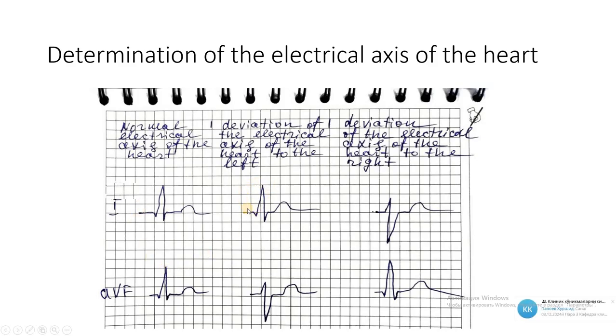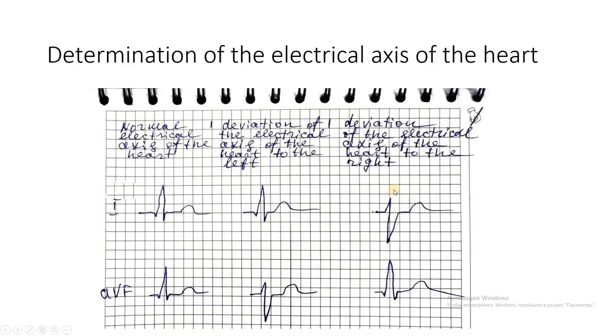If the first lead has a positive wave and AVF a negative basic wave, this is deviation of the electrical axis of the heart to the left.